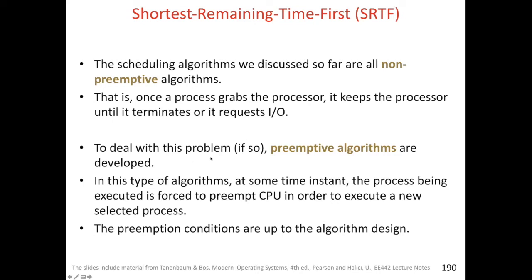To deal with this problem, preemptive algorithms were developed. In this type of algorithm, at some time instant, the process being executed is forced to give up the CPU in order to execute a newly selected process. The preemption conditions are up to the algorithm design.